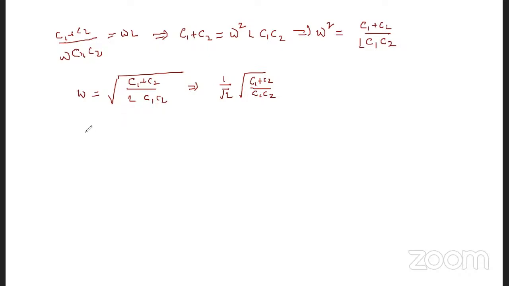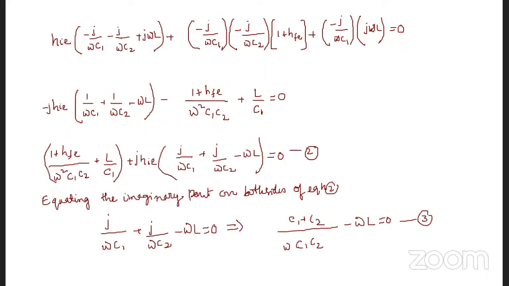So we know that omega is nothing but the frequency of oscillations. Sorry, omega is nothing but 2 pi f. Since omega is equal to 2 pi f, that implies f is equal to 1 by 2 pi times root of C1 plus C2 by L C1 C2.